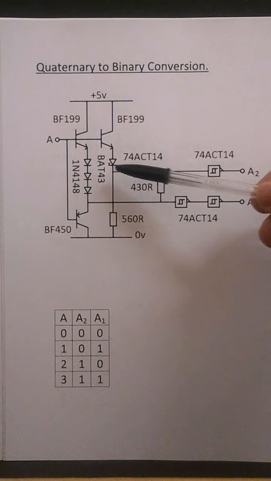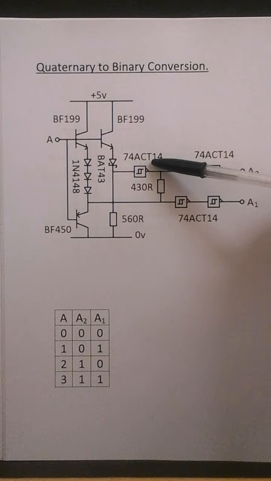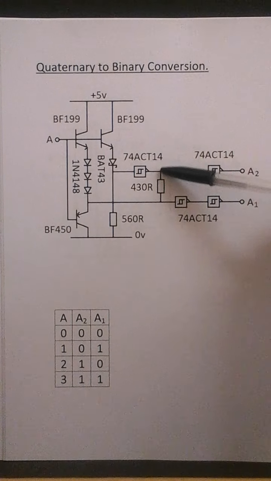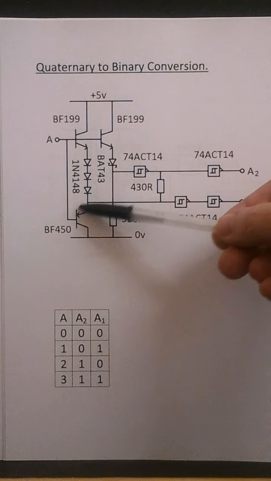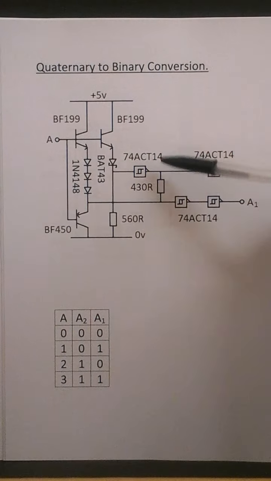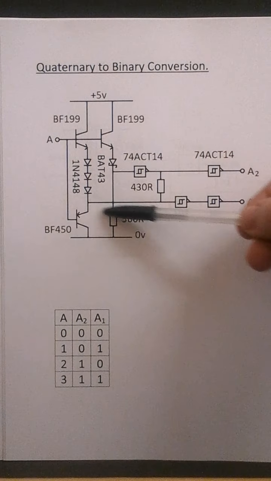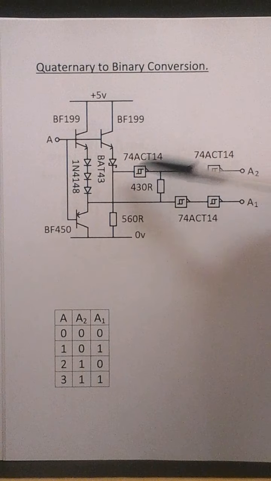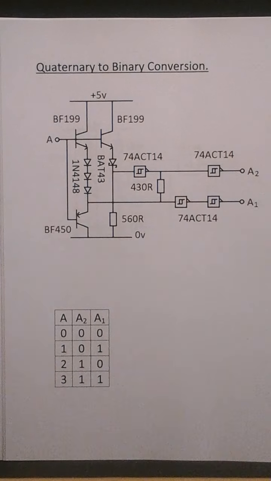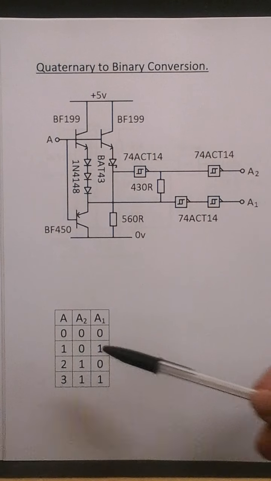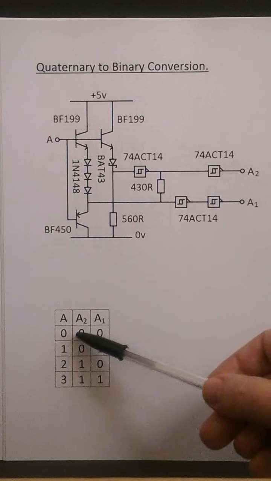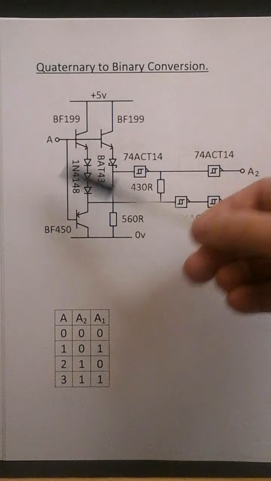So if this is a 1, the output is a 1, and current flows through the resistor and down through this resistor. If this gate is a 0, current flows through this resistor and down this resistor to earth. So if A is a 0, A2 and A1 are zeros.